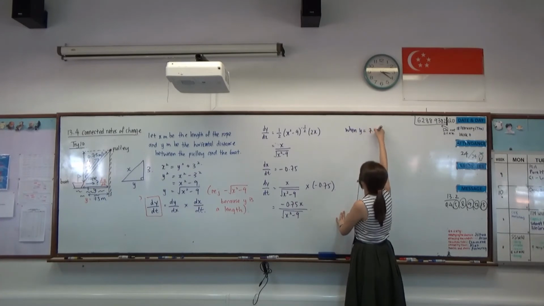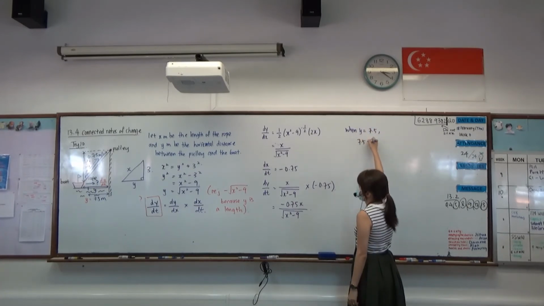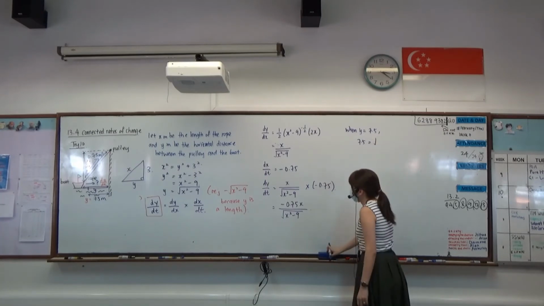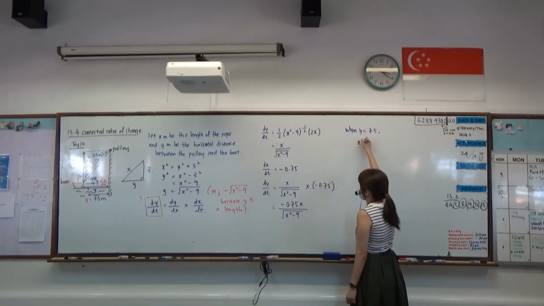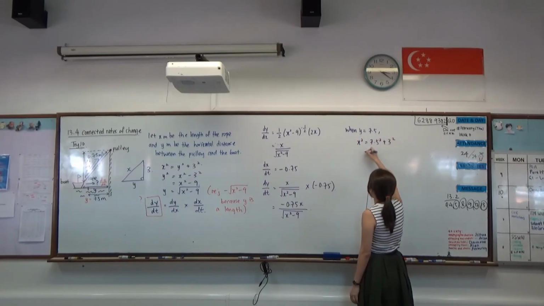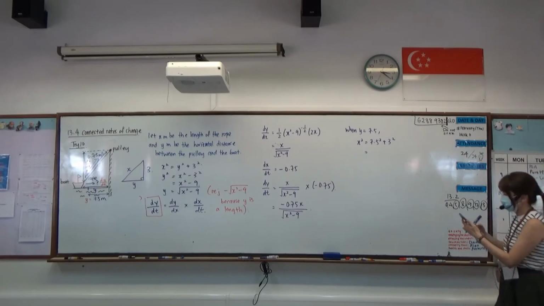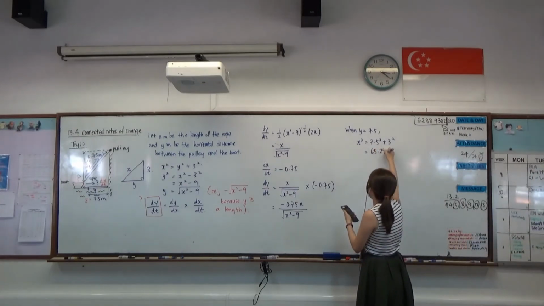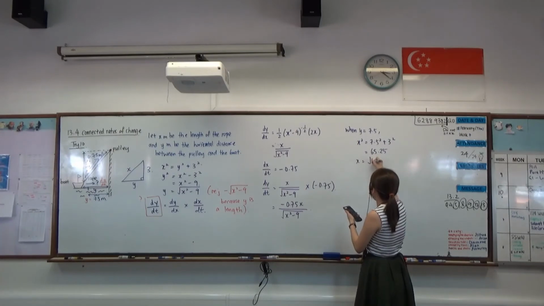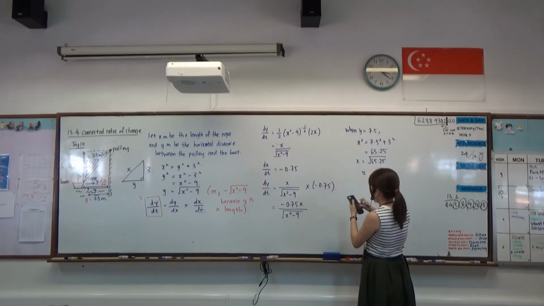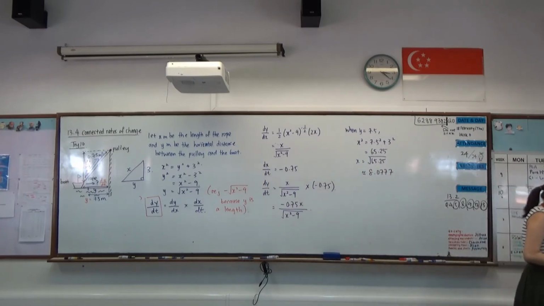So when y is equal to 7.5, we need to figure out what x is. Our x squared gives us x is 8.0777.